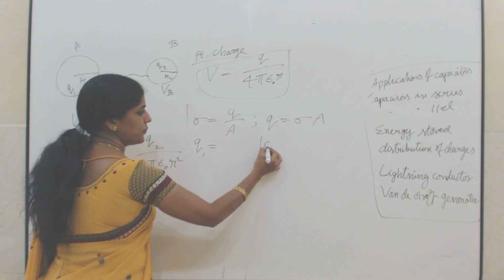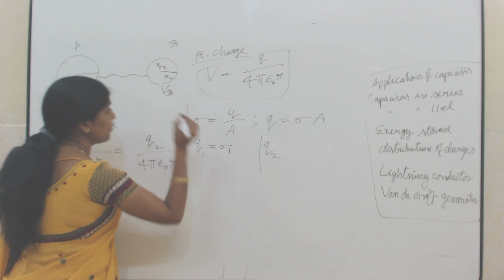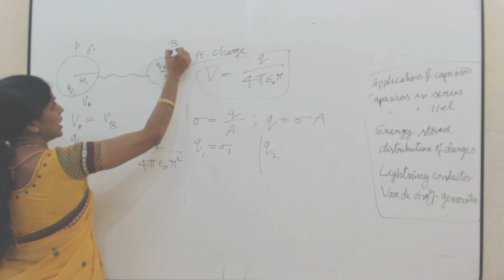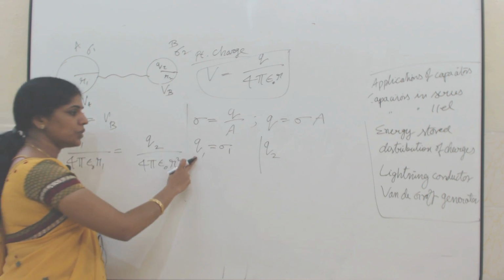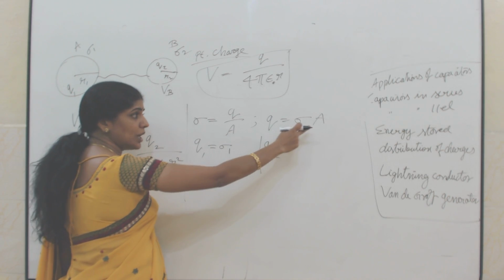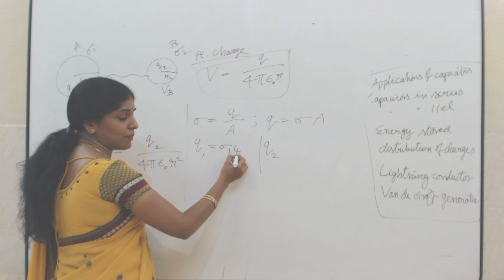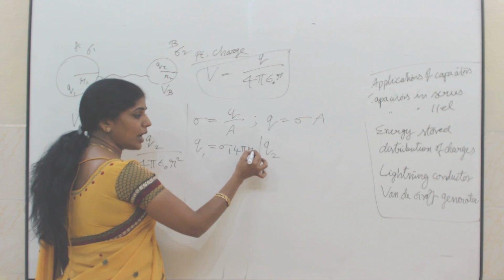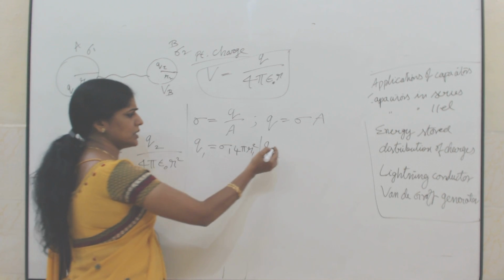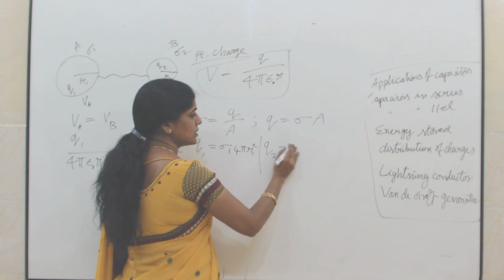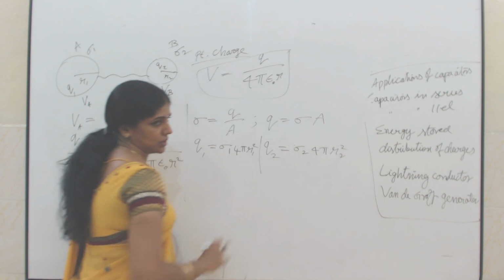Let sigma 1 be the surface charge density and let sigma 2 be the surface charge density of these two spheres. So Q1 equal to sigma 1 into the area of the sphere. What is the area of the sphere formula? 4 pi R square. It is R1 square for sphere A, and for sphere B, Q2 is given by sigma 2 4 pi R2 square.